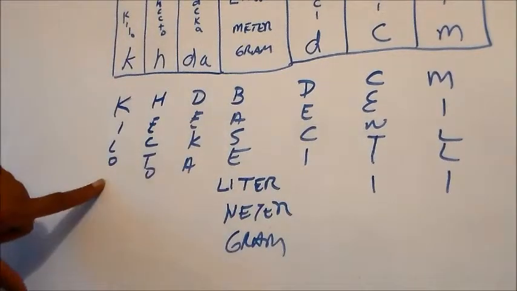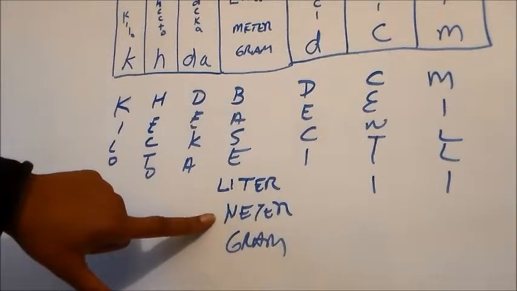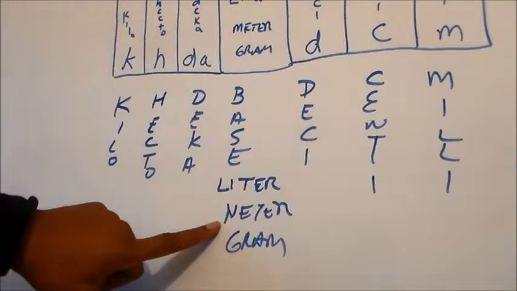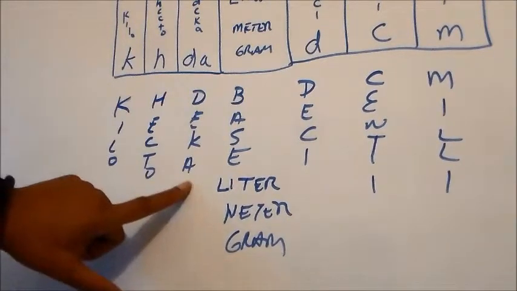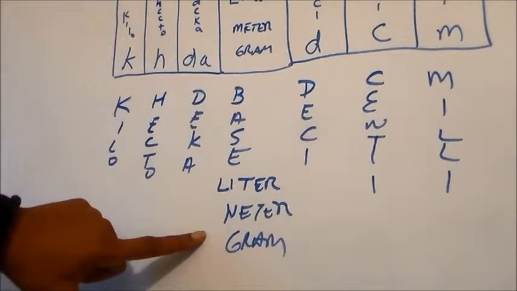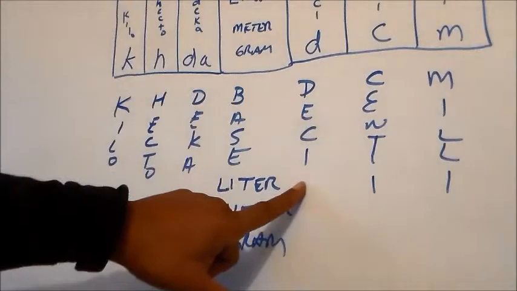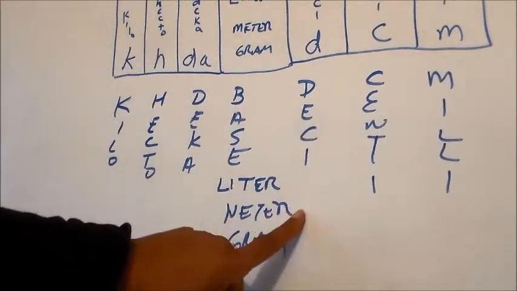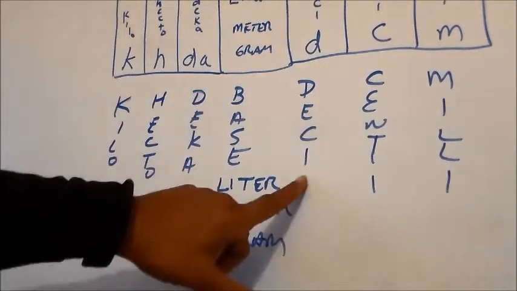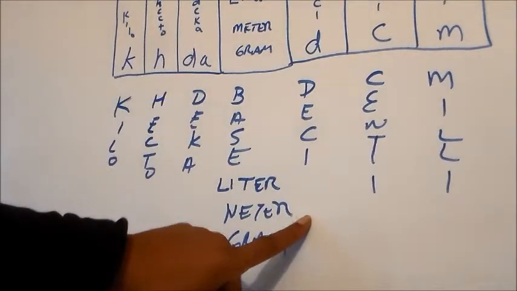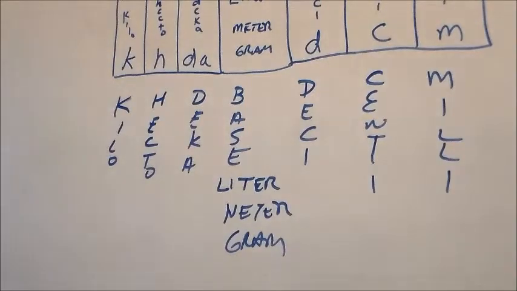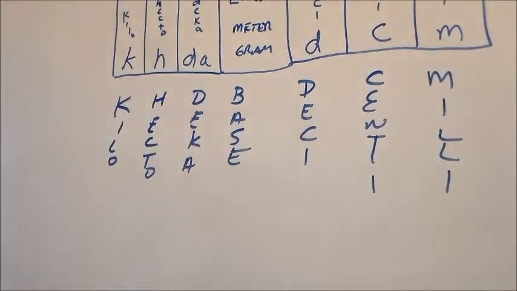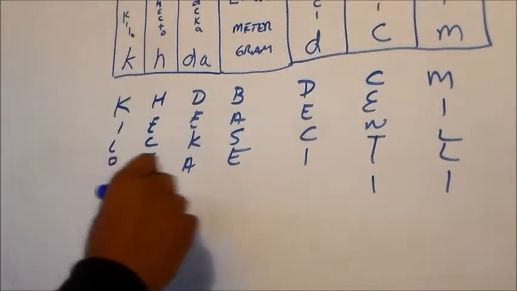Okay, so we can have a kiloliter, kilometer, or kilogram, hectoliter, hectometer, hectogram, decaliter, decameter, decagram, deciliter, decimeter, decigram, centiliter, centimeter, centigram, milliliter, millimeter, milligram. Okay, so the base will fall in the middle.